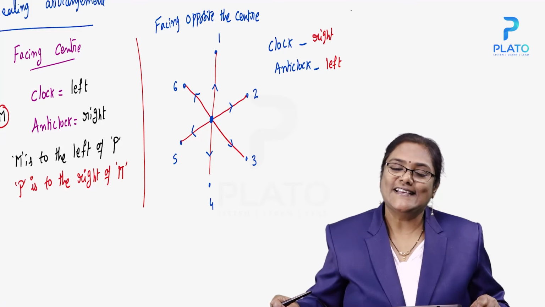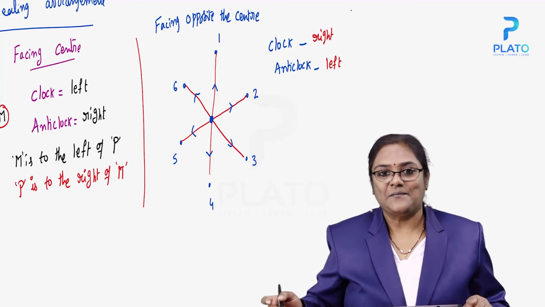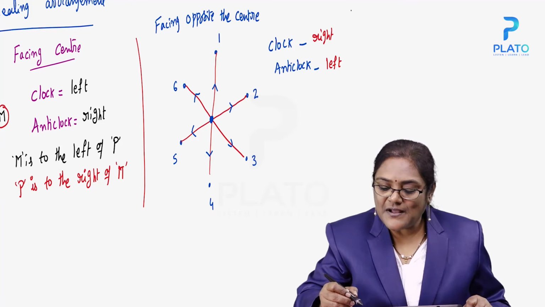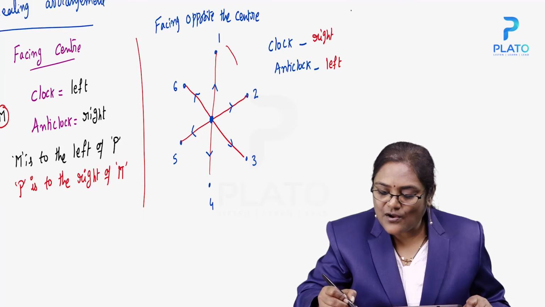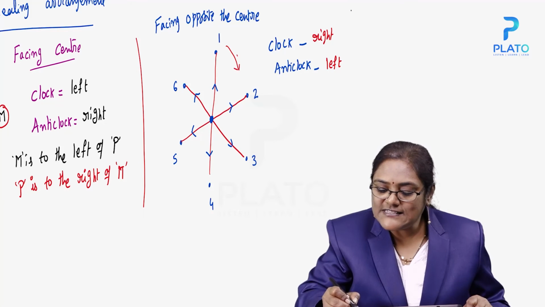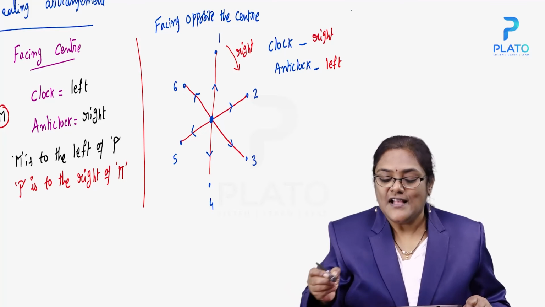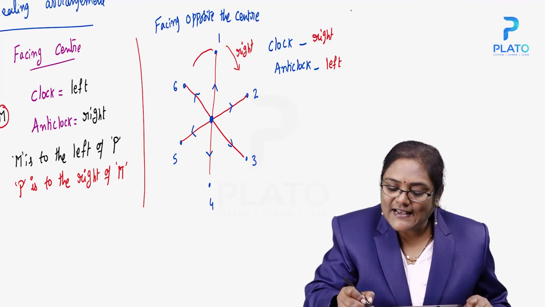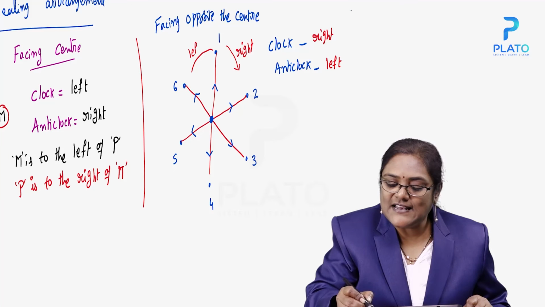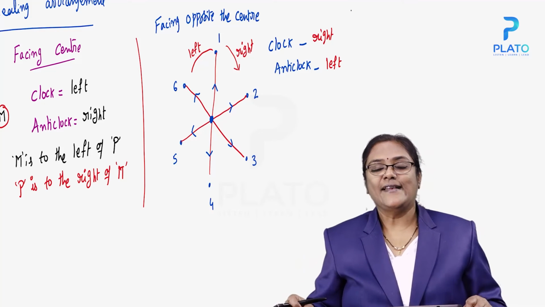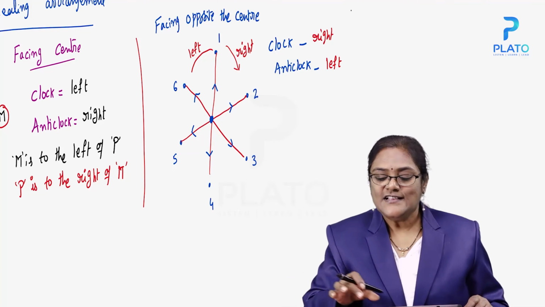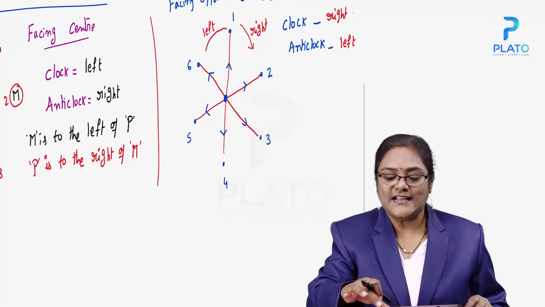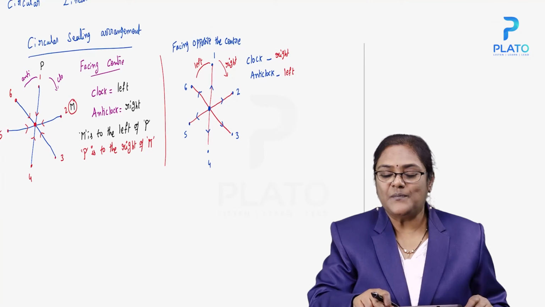Now look from this point. From 1 to 2 is clockwise, so this is the right side. From 1 to 6 is anti-clockwise, so this is the left side.